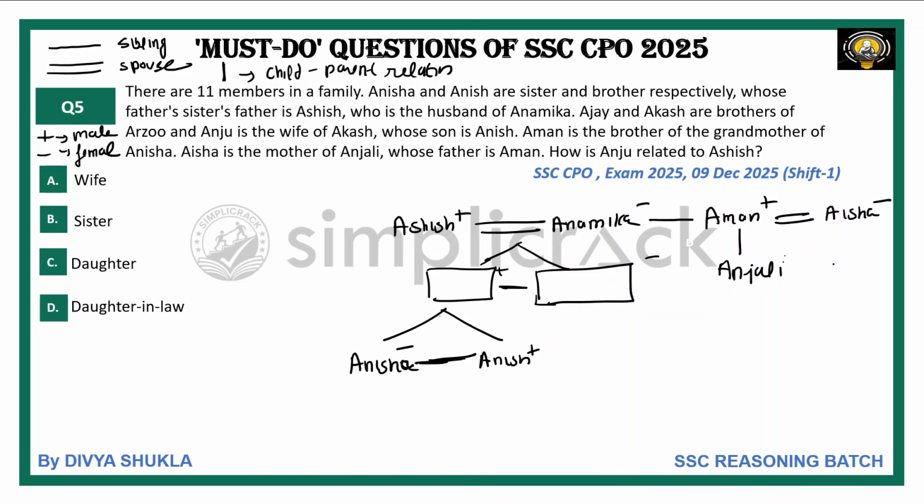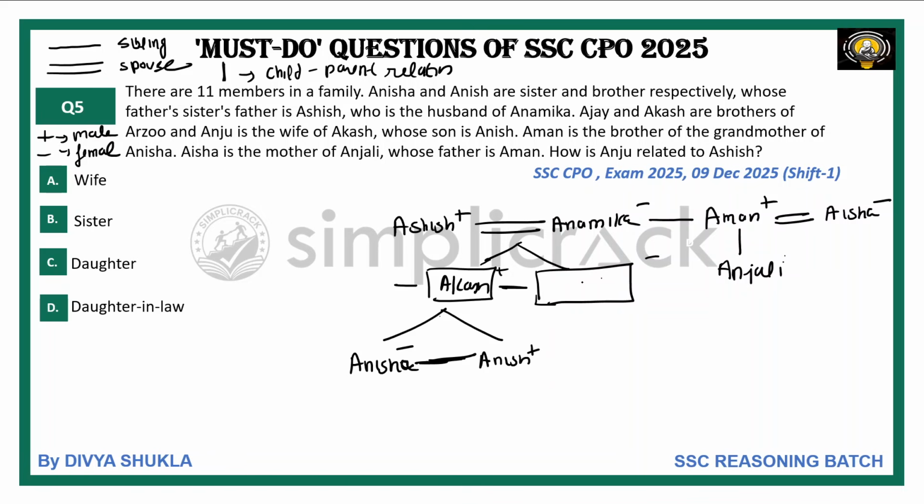Ajay and Akash are brothers of Arzu, and Anju is the wife of Akash, whose son is Anish. Anish is the son of Akash. That means this is Akash, this is Anju. Ajay and Akash are brothers of Arzu. This is not the wife actually, this is separate. Because we are having three siblings, one of them is Akash.